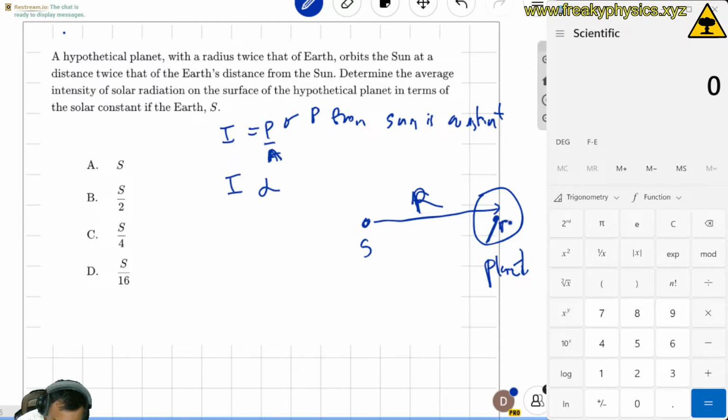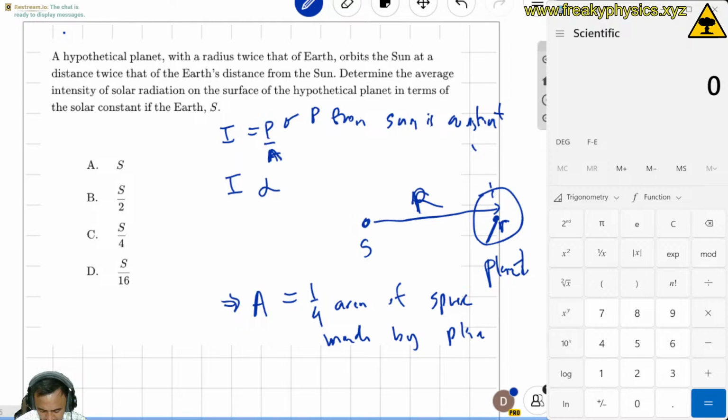So the area that this covers, more or less, is gonna be, actually no, just 1/4 of the area of the sphere made by the planet. So this is in terms of R, right?